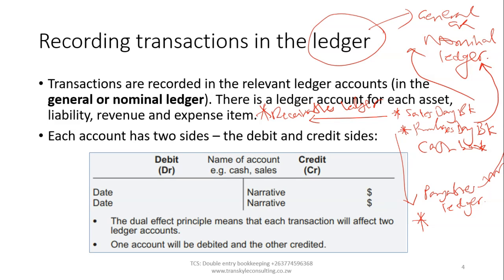This is the reason when we do control accounts, we want to ascertain if the information being provided by the receivables ledger or the payables ledger tallies with the control account totals, which are found in the general or nominal ledger. You understand that as we move on with the lectures. Now, transactions are recorded in the relevant ledger accounts in the general or nominal ledger. You discover that in this general ledger, there are what are called ledger accounts.